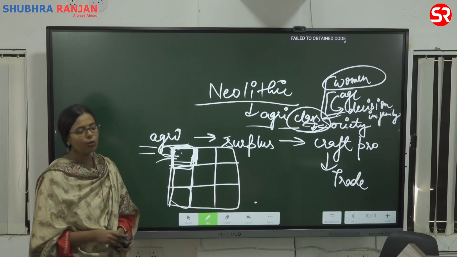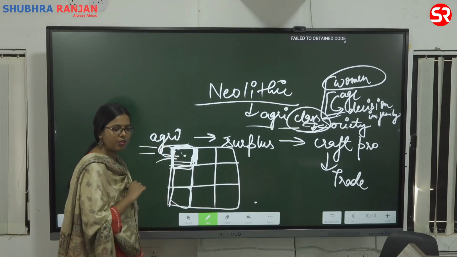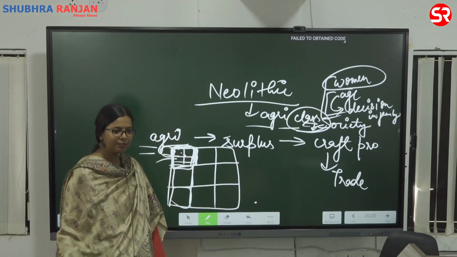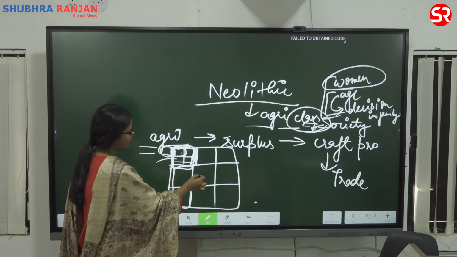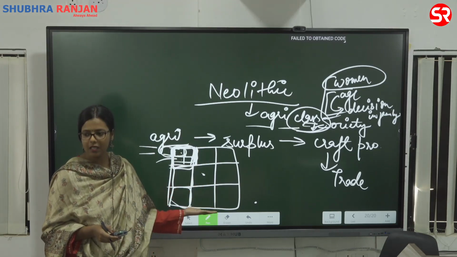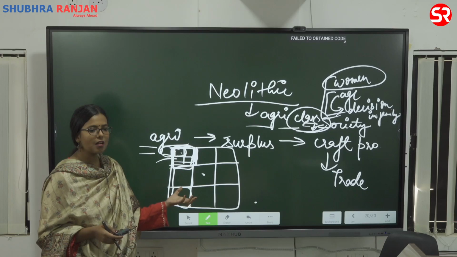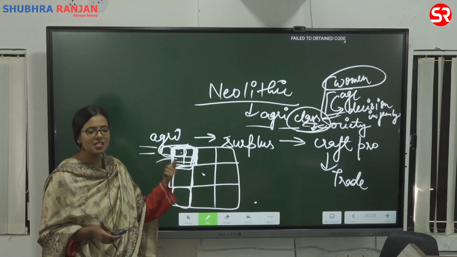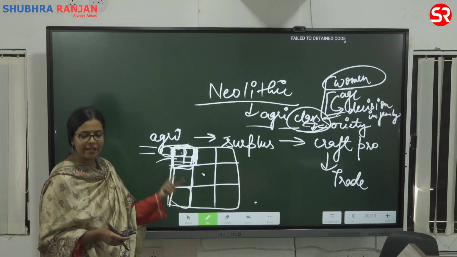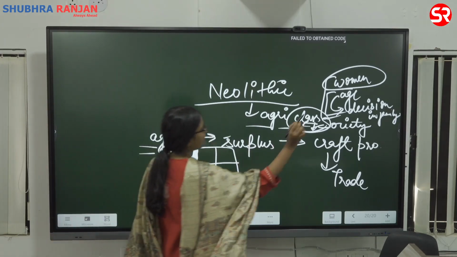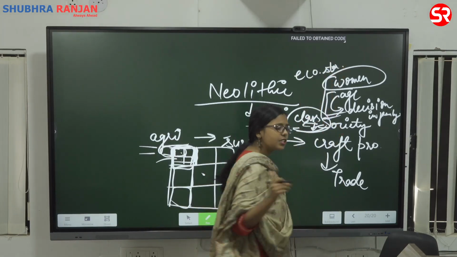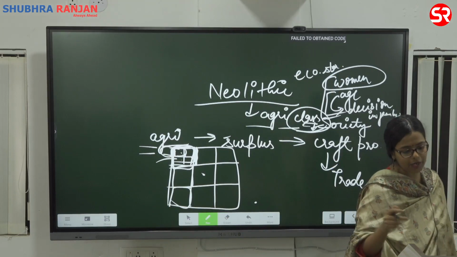Second scenario might be this person has 4 children to whom he is going to pass down the land. There will be division. This person might have only 1 child. So the whole land is going to belong to only 1 person. So what will start happening? A financial disparity amongst people. So these can be 2 ways in which there is going to be an economic stratification. Economic stratification. This is also going to become a part of people's lives.